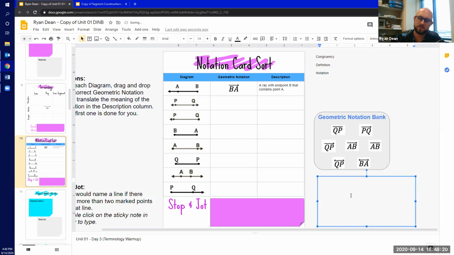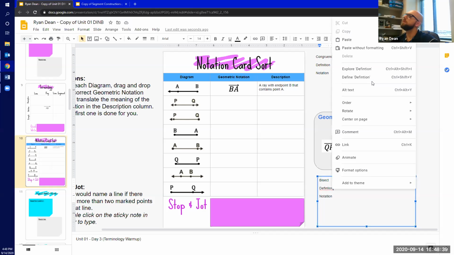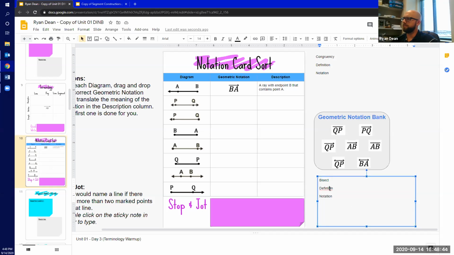And in this text box, we would want to do the definition of bisects. So you would type out the definition, type out the notation, you can edit it. There we go.